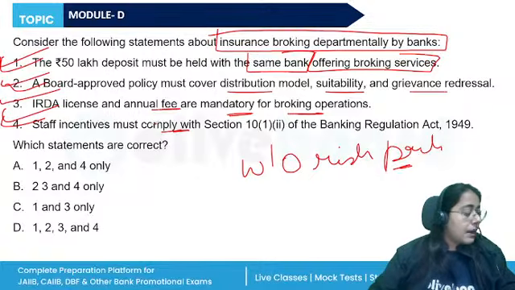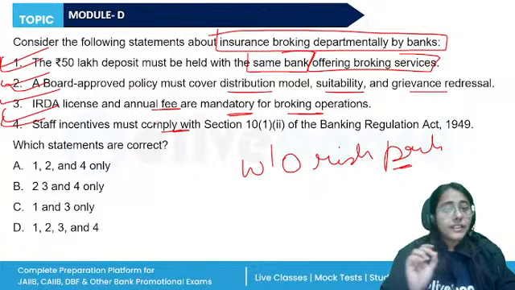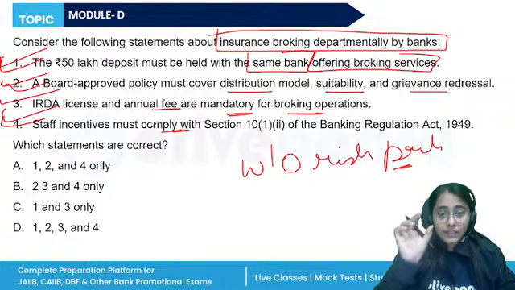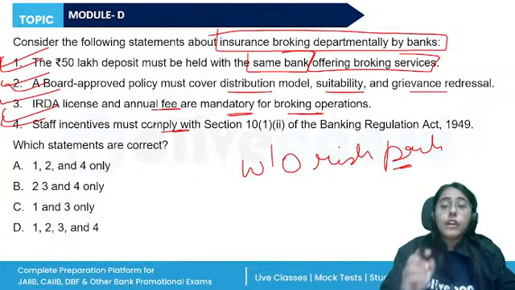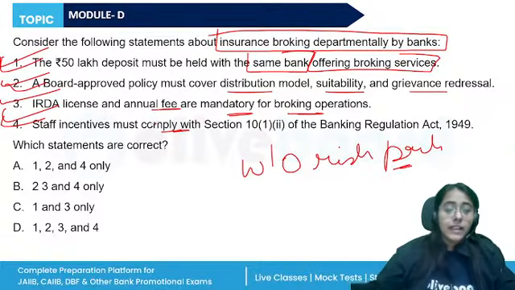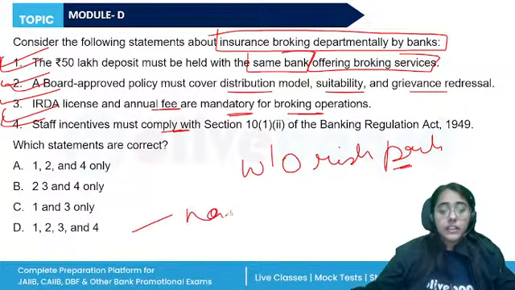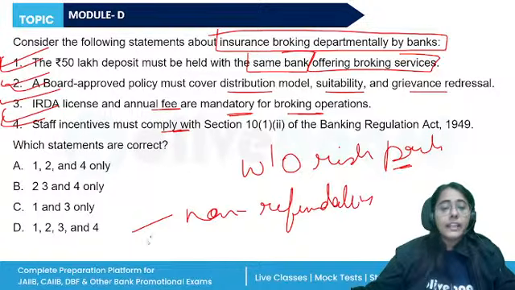When we are talking about insurance business with risk participation, it can be done only through a subsidiary, right? There, the net worth, minimum capital is required. Departmentally, it is not. The only requirement is that at the time of application, the bank has to pay a non-refundable deposit, and they also need to pay annual fees.